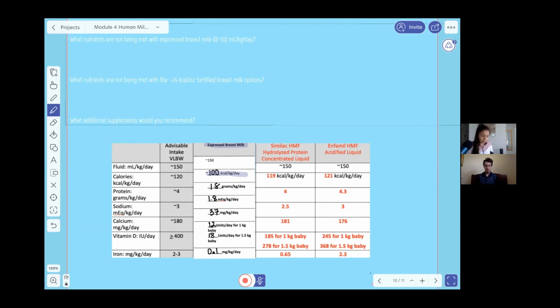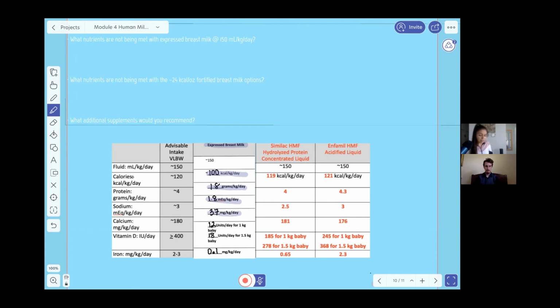Let's highlight that one. Our sodium advisable intake is about 3 milliequivalents, and in express breast milk, it's only 1.8. So that's not being met. Our calcium advisable intake is 180 milligrams per kilogram per day, and with our breast milk, we have 37 milligrams per kilogram per day. Definitely lacking there.